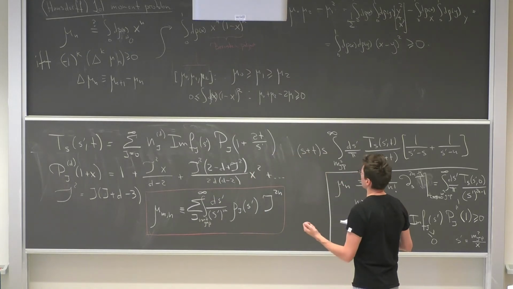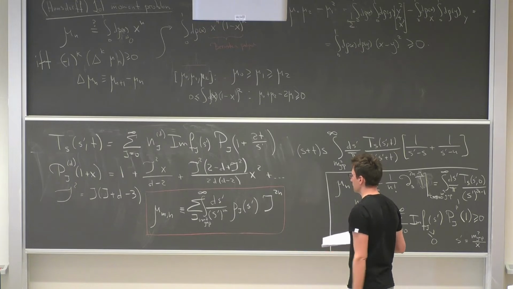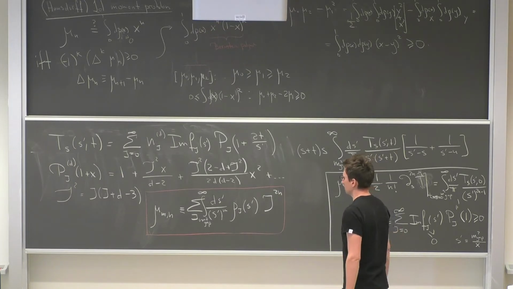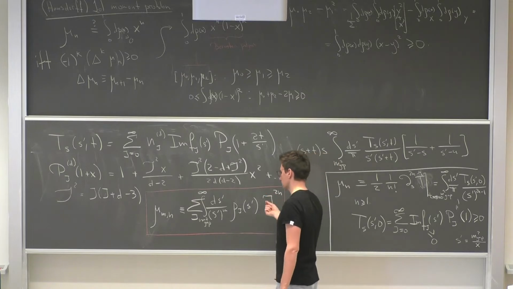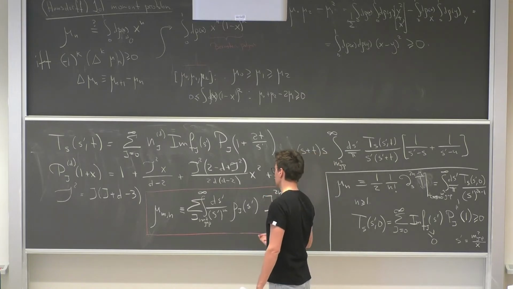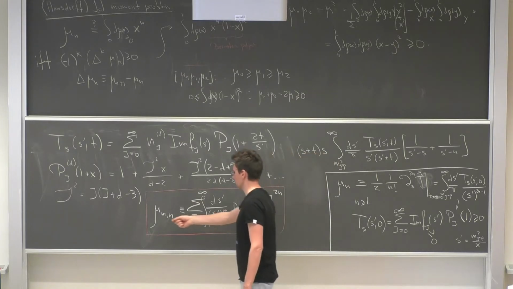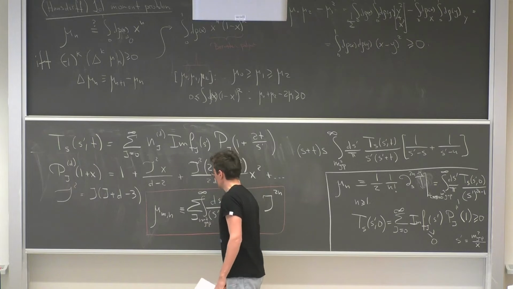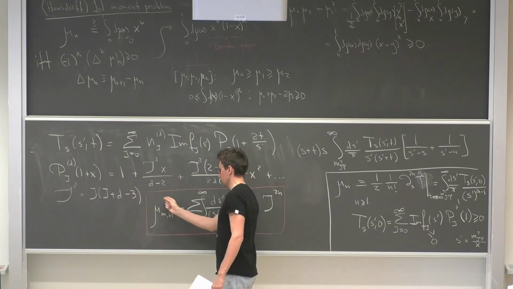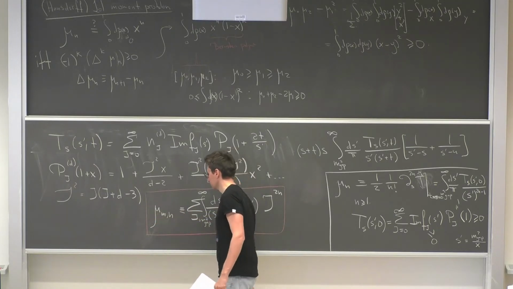Because let's say we have this expansion for small s and t. Let's say we do that expansion, then we can match the Wilson coefficients that appear in this expansion to this mu of n. So it's just a different choice of couplings.